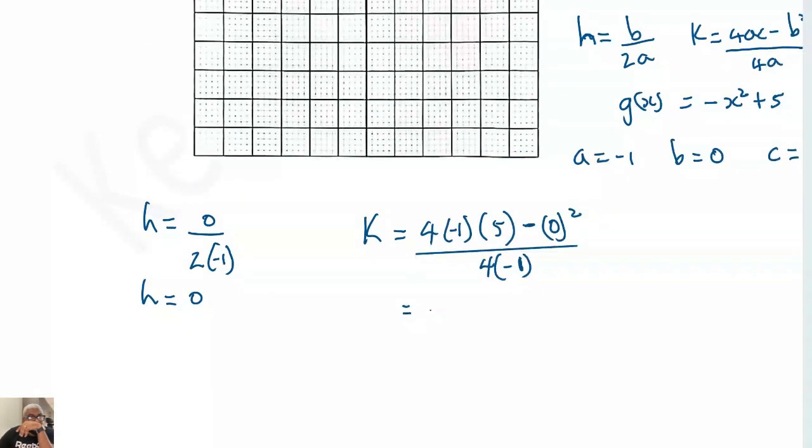When you work out the top, negative 20 divided by negative 4 at the bottom would give you 5. k is 5.